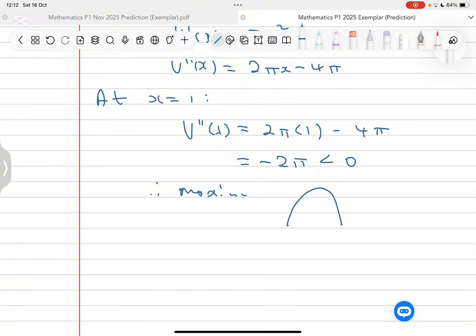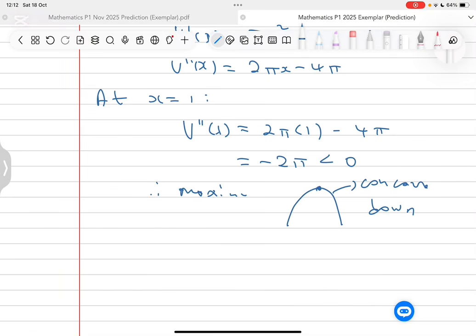Negative means sad face. So when we have a sad face, it means this is a maximum turning point. That's why we're saying at x is equal to 1, we have a local maximum turning point. The graph is concave down. Another way of saying this is to say it is concave down. The n here tells you the shape of that graph.